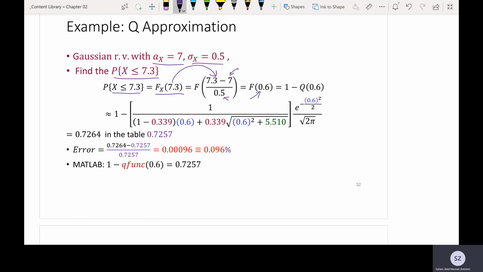That gives you F of 0.6. If you go to the table, you will find it's 0.7257. If you go with the approximation, it's 0.7264. So the error is in the third decimal.